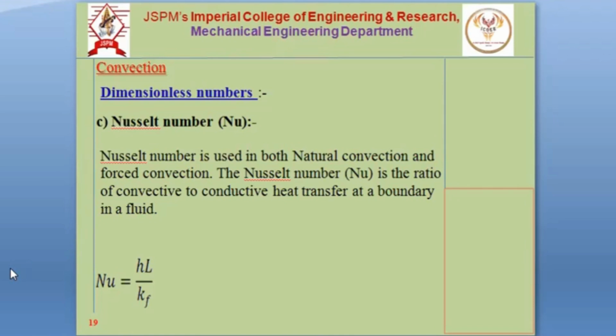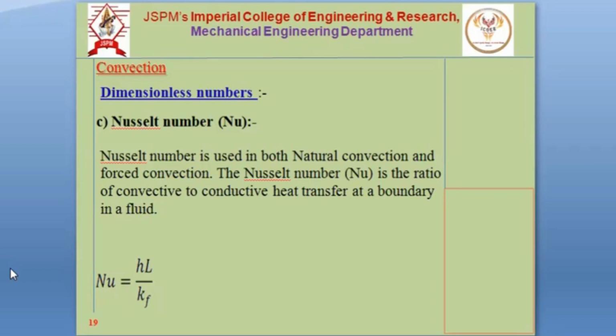The number of dimensionless parameters is less than the number of variables, so our experimentation gets reduced. That is the purpose of using dimensionless parameters. Also, describing a phenomenon in dimensionless parameters reduces the number of equations.